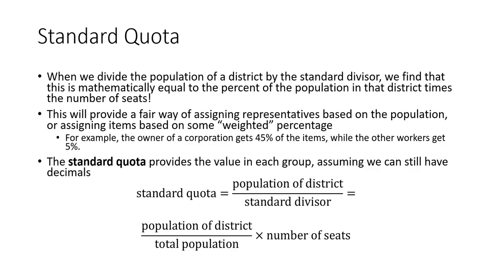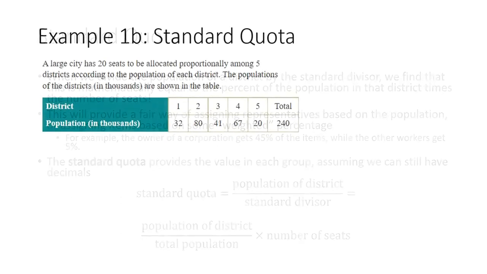The standard quota provides the value in each group, assuming that we can still use decimals. So here we can't have decimal people, we're going to get to that part. But now, let's just assume that we can still have decimals.